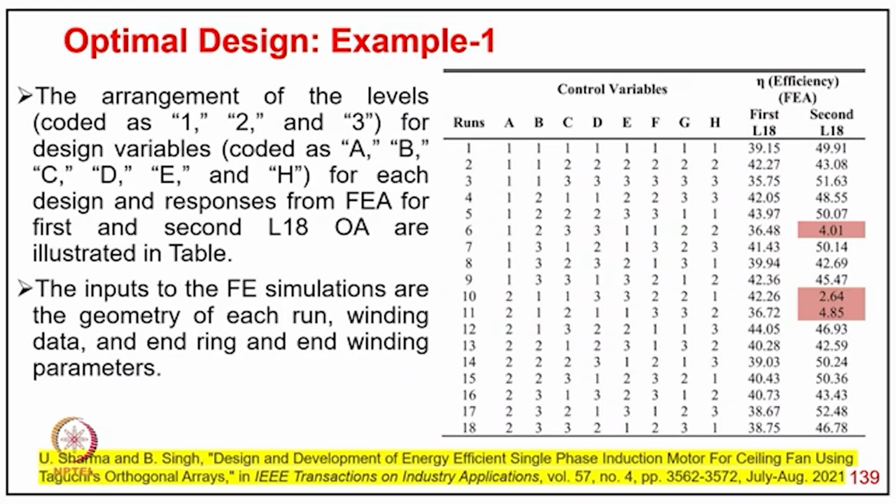The inputs to the finite element simulation are the geometry of each run, winding data, and the material parameters. You can see how the efficiency is affected in the first L18 and second L18.